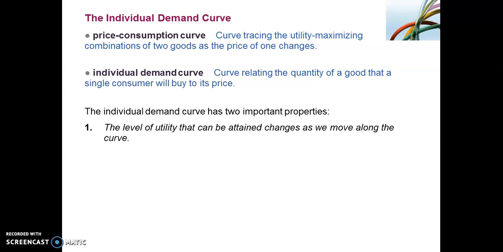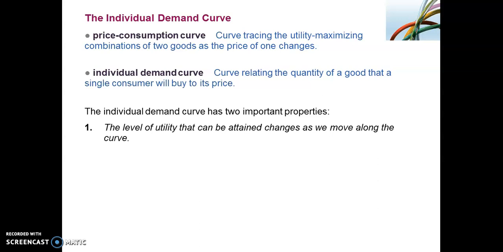You saw that associated with the different prices, the indifference curve the consumer reached changed. Associated with the different prices, the consumer reached a different indifference curve, and that is as the purchasing power changed, either increasing if the price fell or decreasing if the price was raised.